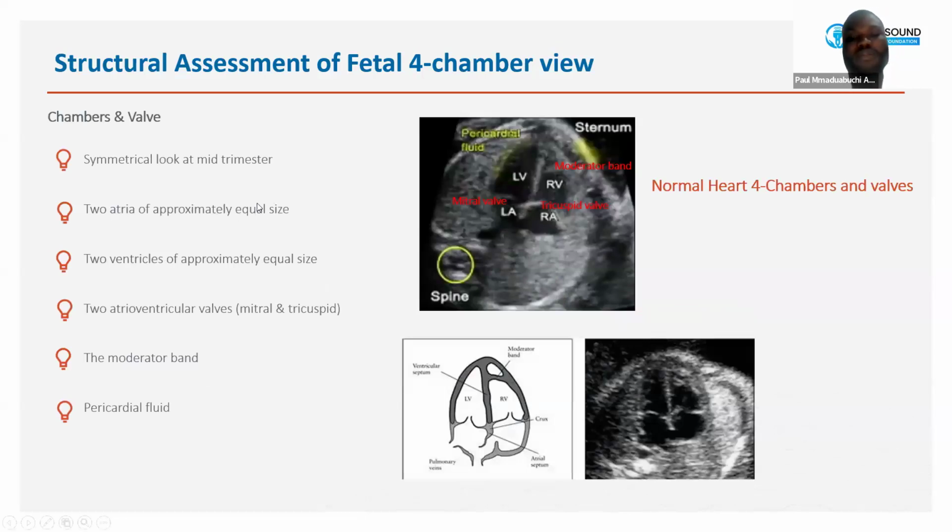Okay, so with respect to chambers and valves, you should know that your chambers are to have a symmetrical look: the right and left ventricles, the right and left atrium. One might be wondering, how will I know which one is the right ventricle and which is the left ventricle? One of the things you should use to distinguish the right ventricle from the left ventricle is the presence of what we call the moderator band.